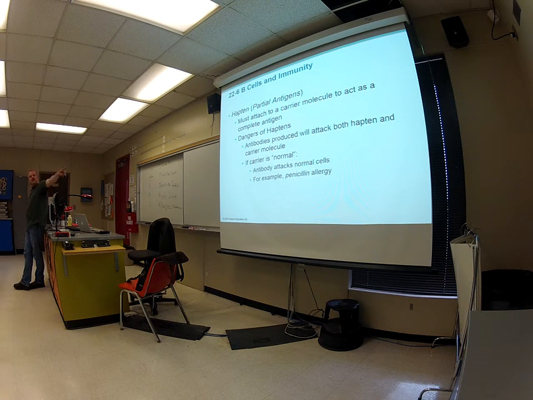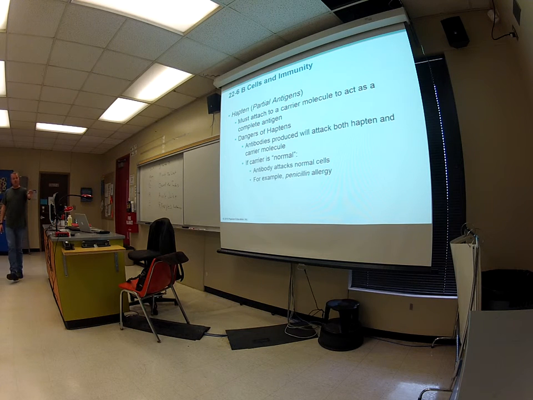Because 9 times out of 10, it's a normal carrier, but your body thinks it's abnormal, so it attacks it. And that's why people are allergic to penicillin. Even though the carrier is good for you, it thinks it's foreign and attacks it. Okay? So we're going to stop right there.